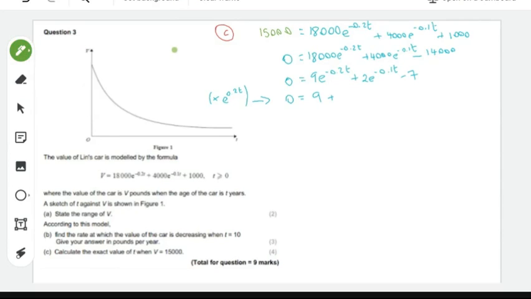So it'd be 2 times e to the power of 0.1. Nice. That's it, yeah. We add the powers. 2e to the power of 0.1t, because minus 0.1t plus 0.2t is 0.1t.